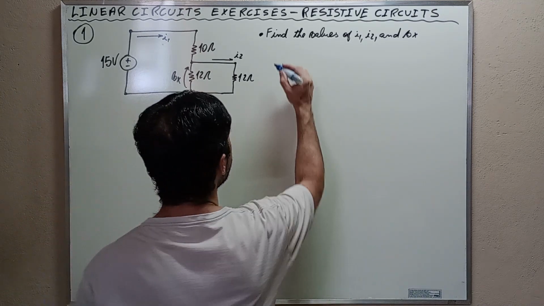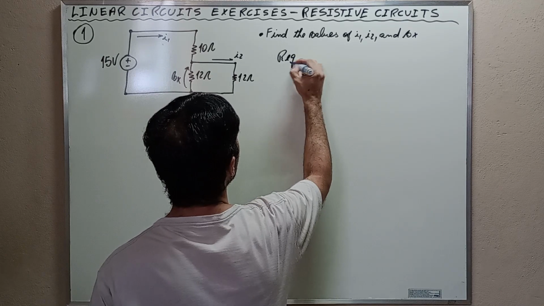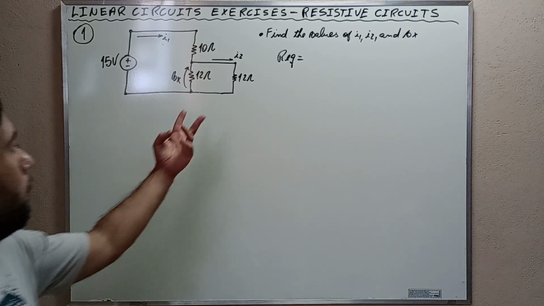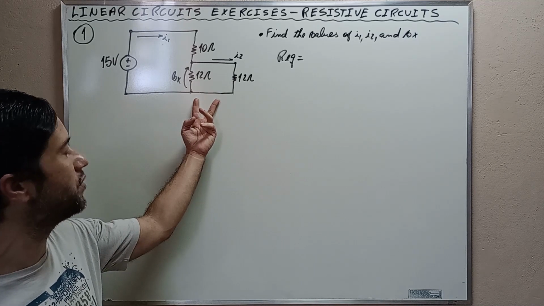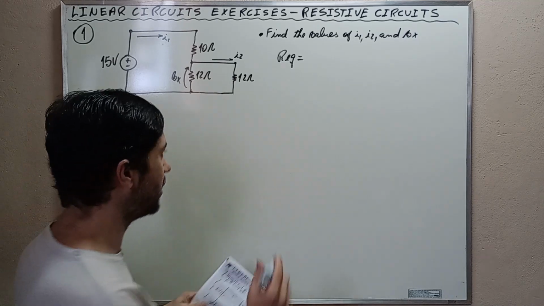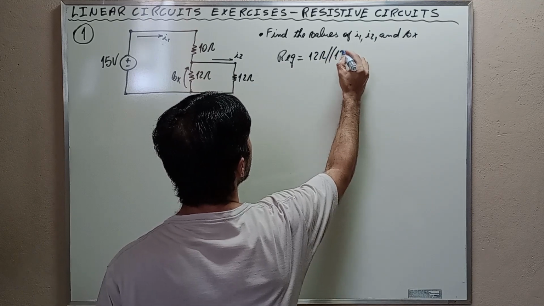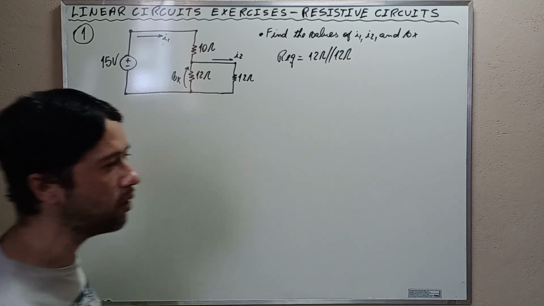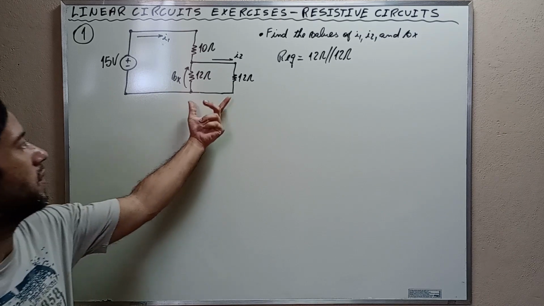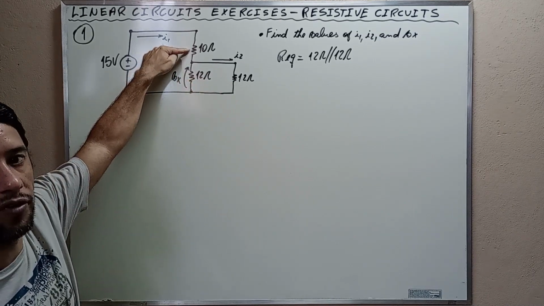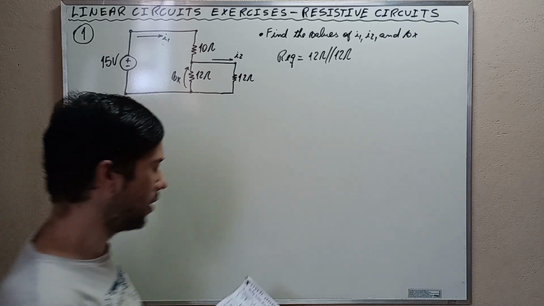The equivalent resistance of the circuit is going to be made up of the parallel combination of these two resistances, and after combining them, we are going to add 10 ohms, because this is in series.